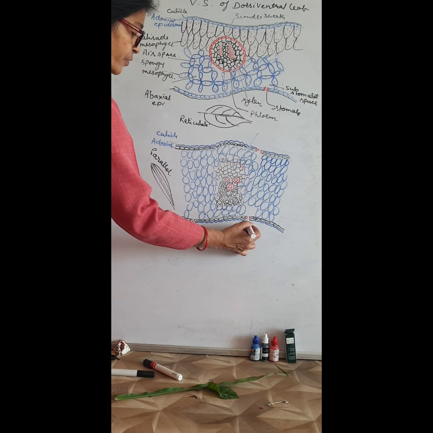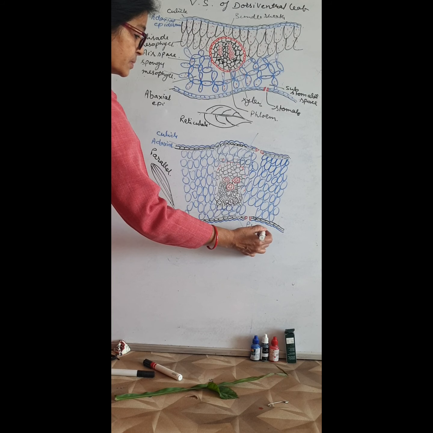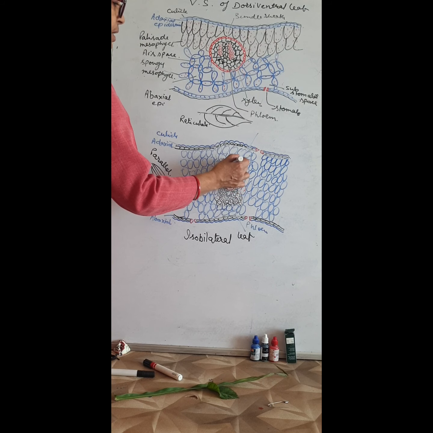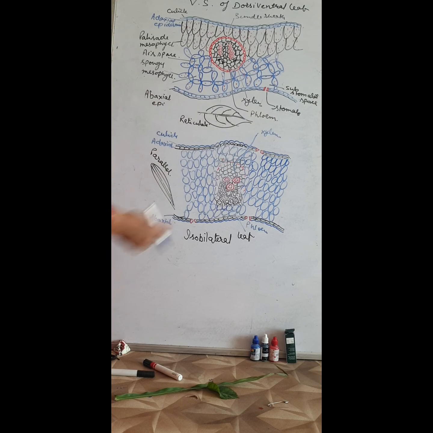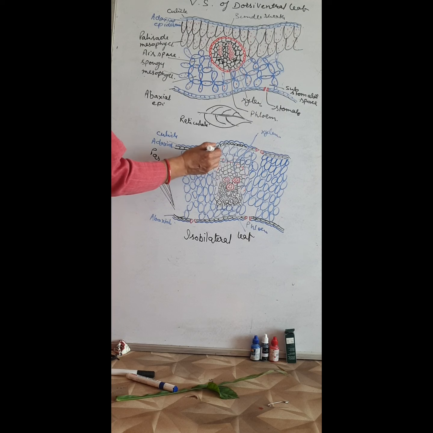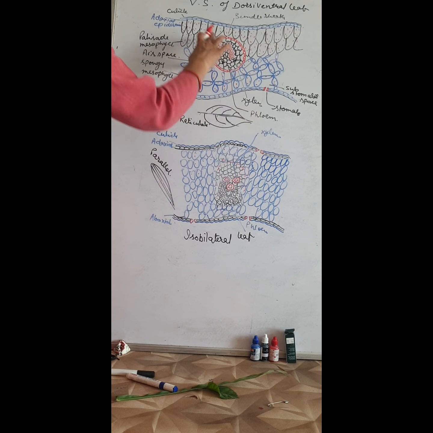The red ones are the xylem. And the mesophyll cells are not differentiated like the dorsiventral leaf.